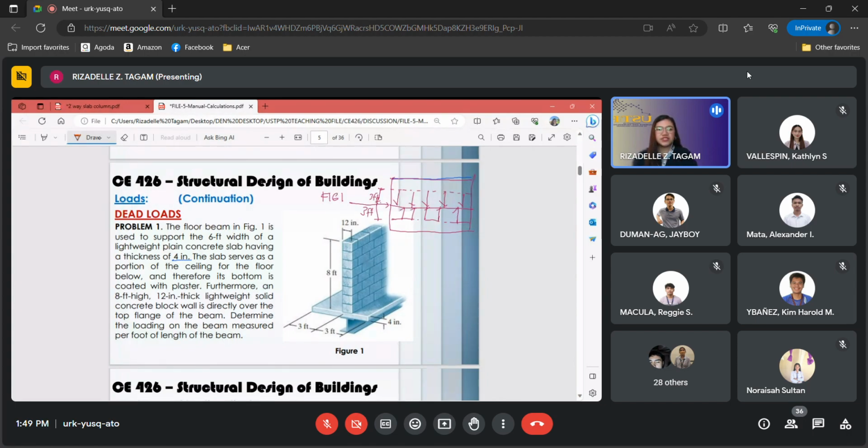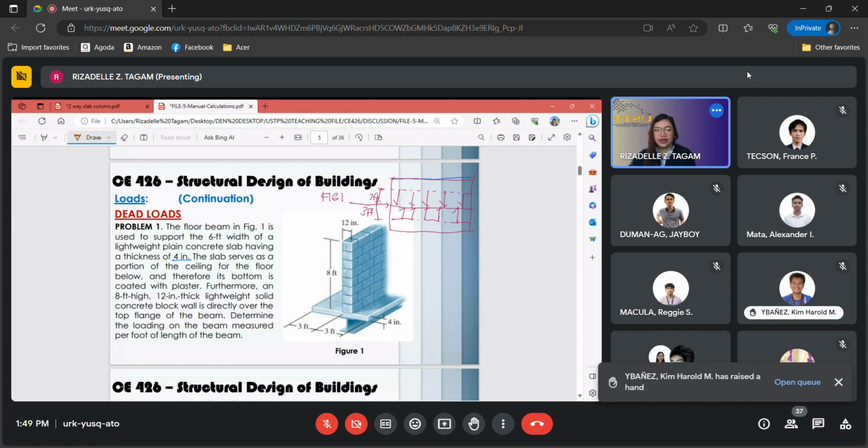And the slab serves as a portion of the ceiling for the floor below. So this floor is on the second floor. That is why it says the slab serves as a portion of the ceiling.